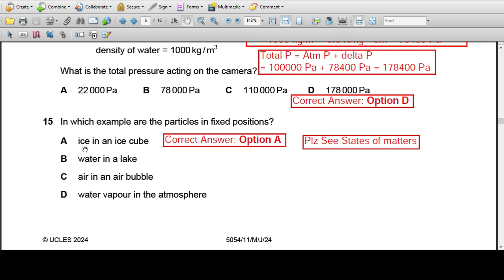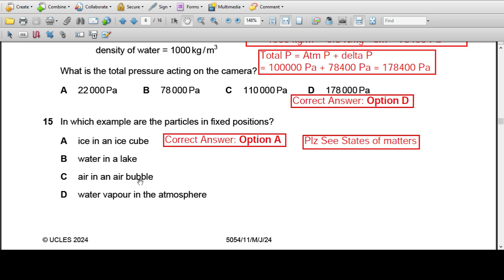So ice in an ice cube is the option, and we can learn in detail from the topic state of matter. Ice is a solid structure, and in a cube the neighboring atoms or molecules knock each other, while in water in a lake, the water molecules are free to move.